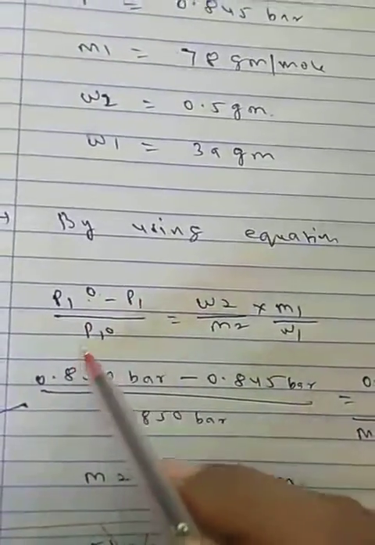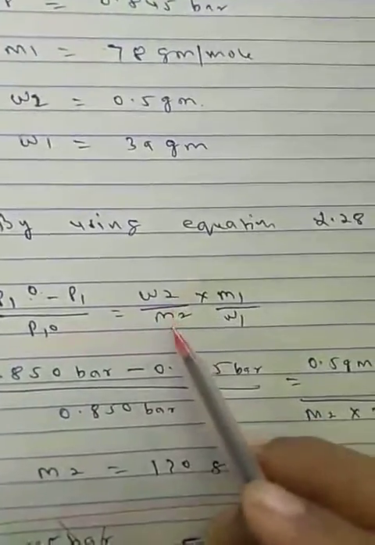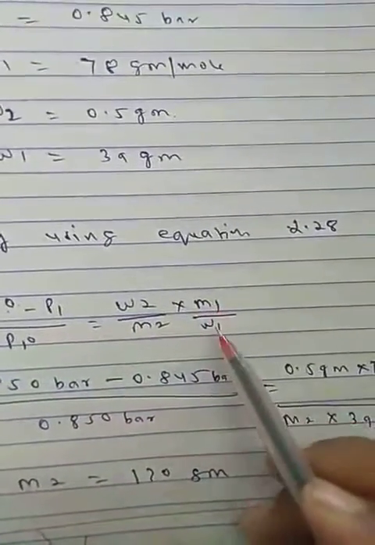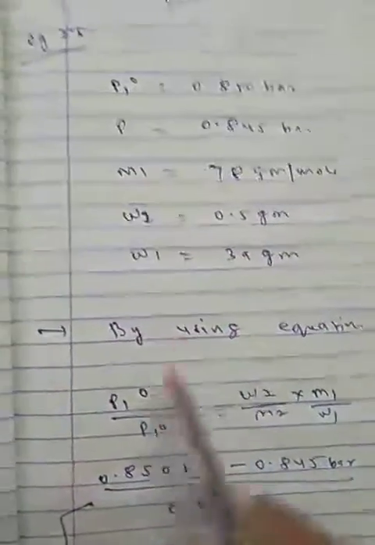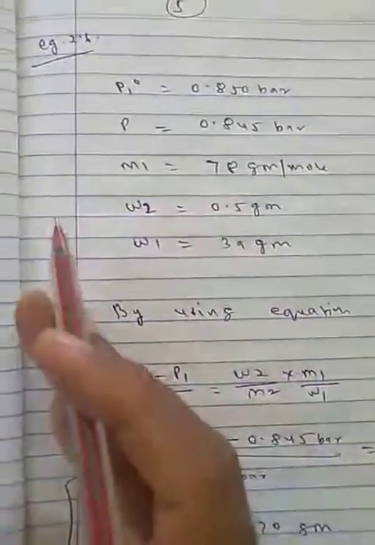So, using the equation (P1⁰ − P1)/P1⁰ is equal to W2 upon M2 multiplied by M1 upon W1, put the values given. P1⁰ minus P1 upon P1⁰ on this side.